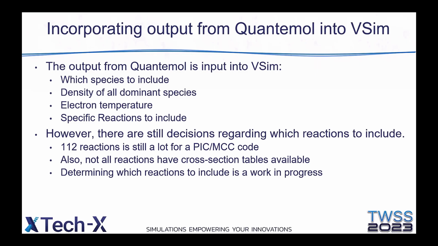So what we have to do is make a decision. We still need to reduce those 112, and there may still be ways to do that in Quantumol. I'm still working on that also. The other hiccup is that it's very difficult to find cross sections for all the reactions, especially the ion neutral reactions. That can be a challenge also.